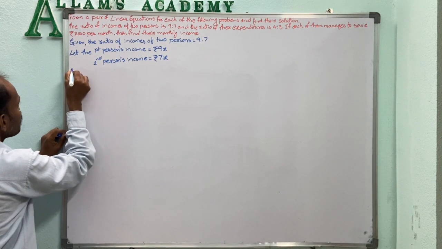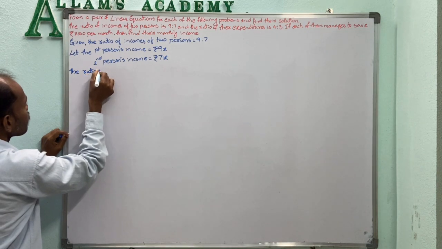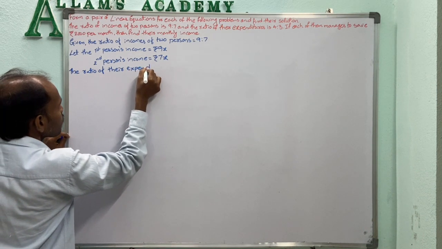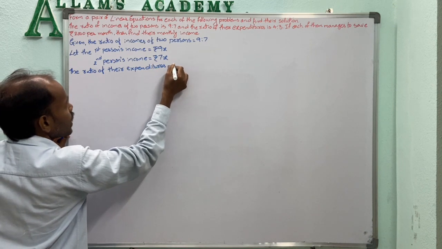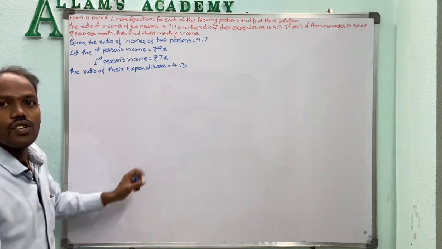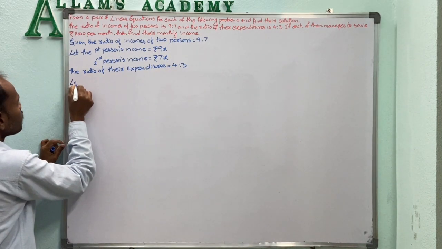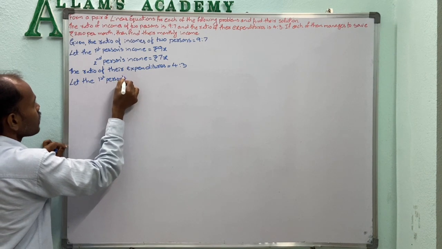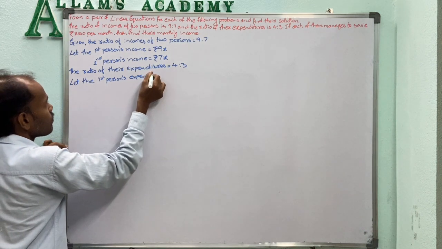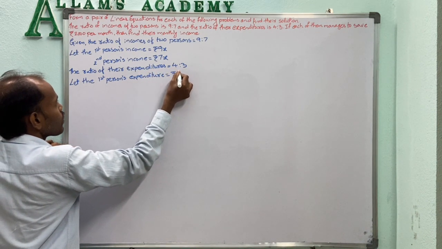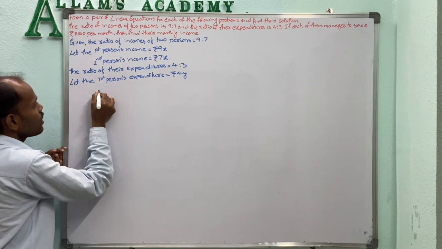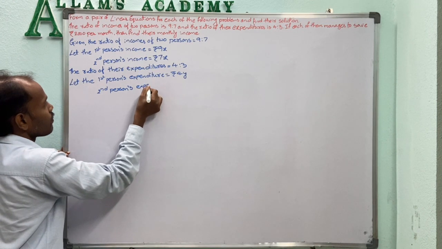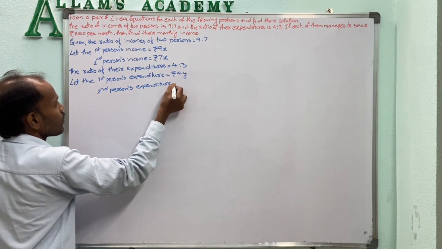So now I am taking, let the first person's expenditure be rupees 4y, and the second person's expenditure be rupees 3y.